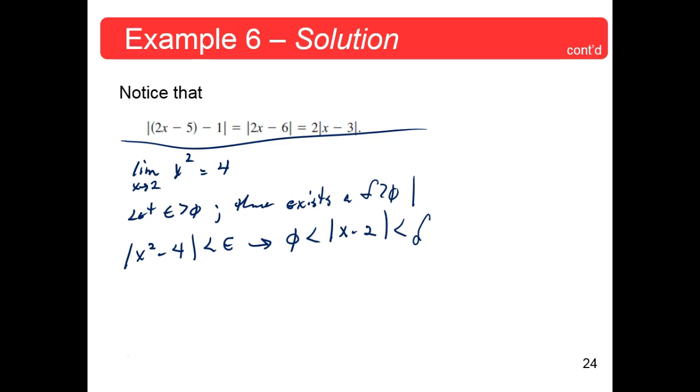Let's try doing that. What does that give us? Say again? A little louder. What'd you say? x plus 2 times x minus 2. Now, why did I suggest that we factor?